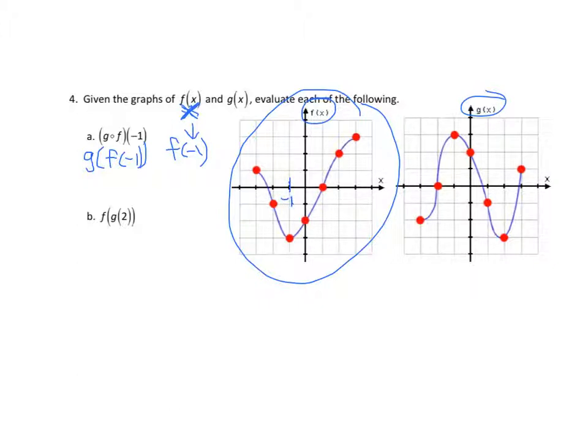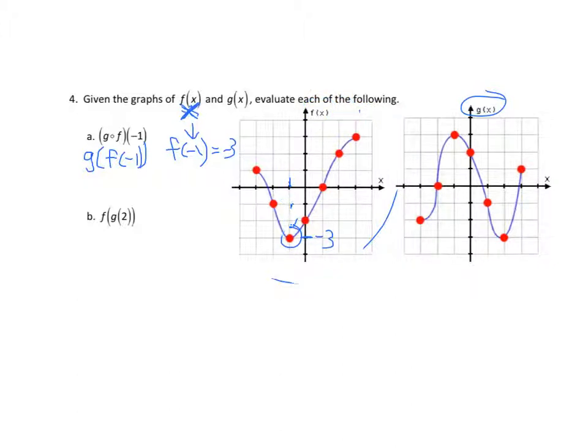And then I go, in this case, down to my graph, and I find the point on the graph of f of x that has an x value of negative 1. And I give the y value of that function, which would be negative 3. So f of negative 1 is negative 3. And that's my first part.